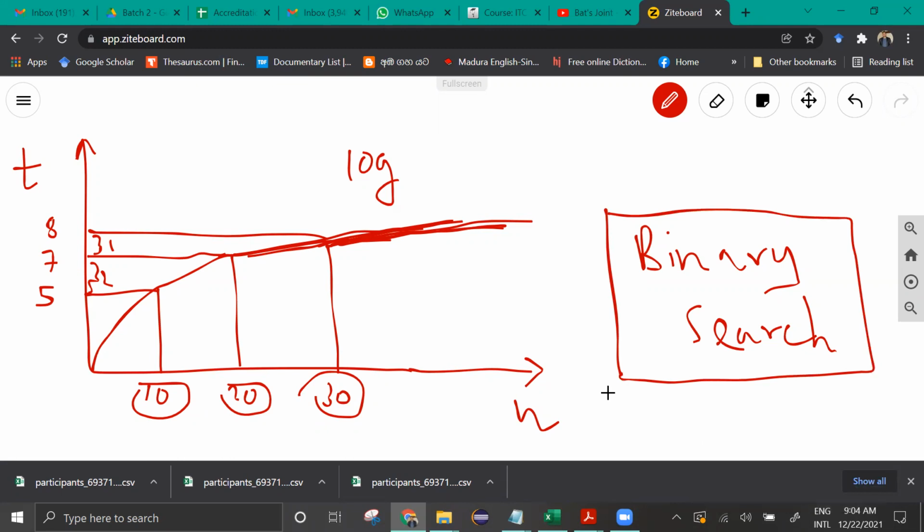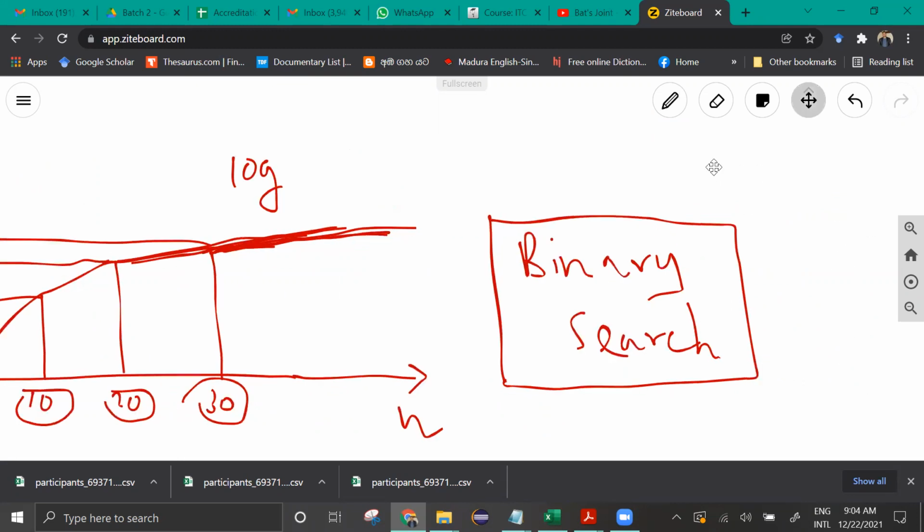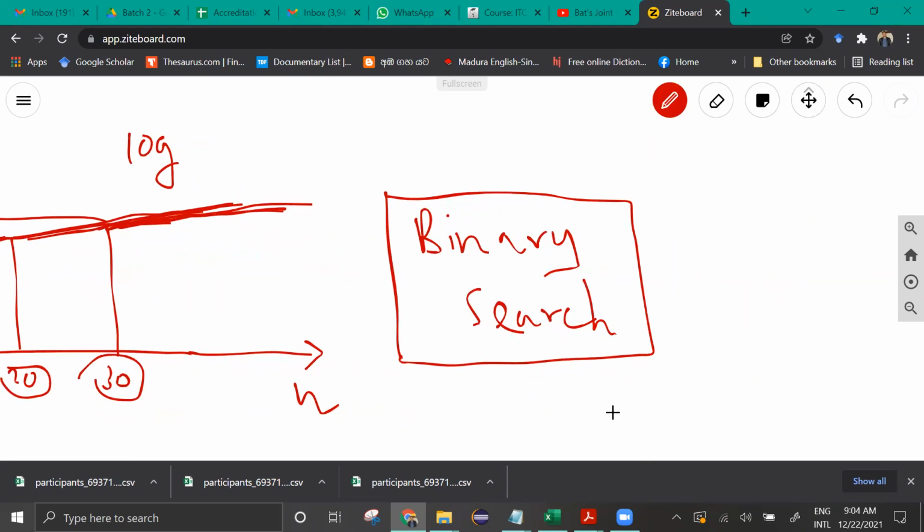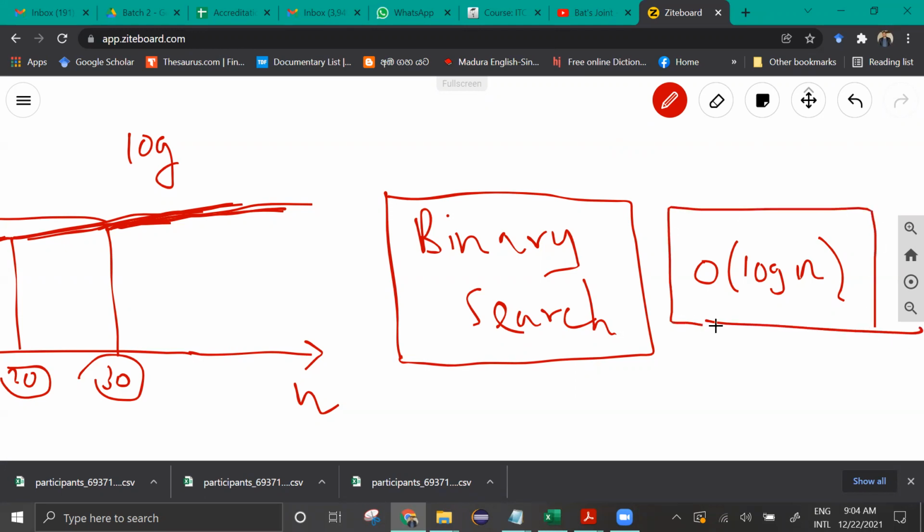So I will explain why binary search is log n. In that case, we say binary search has big O log n. This is how we express that.